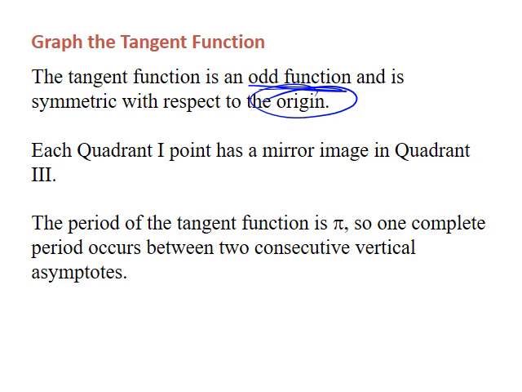Then one big difference is that the tangent graph and the cotangent graph each have periods of pi. So since they have periods of pi, that is one thing that is very different than the other graphs.